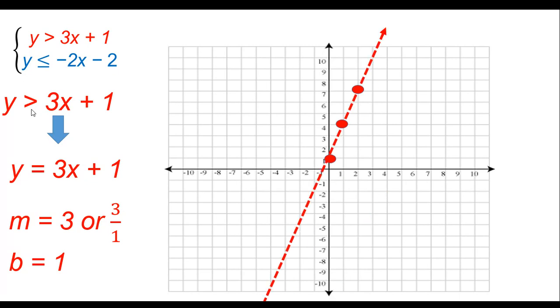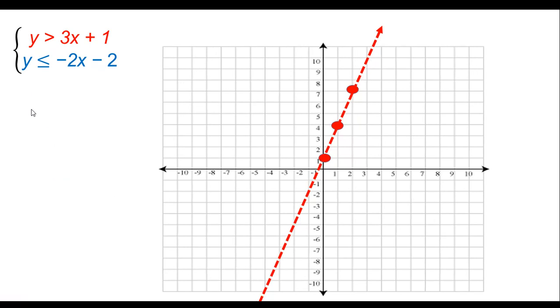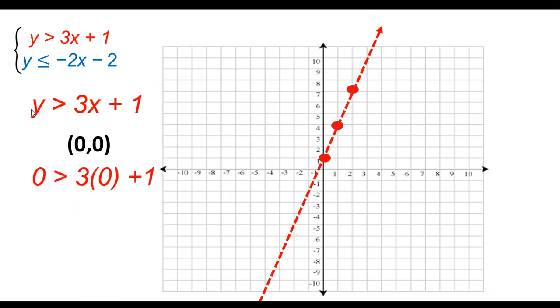And to complete, we're going to shade the appropriate region. And how? You're going to use a test point. In this case, let's use the coordinates of the origin. So, we simply substitute the coordinates of the origin to our inequality, and that will result in this.